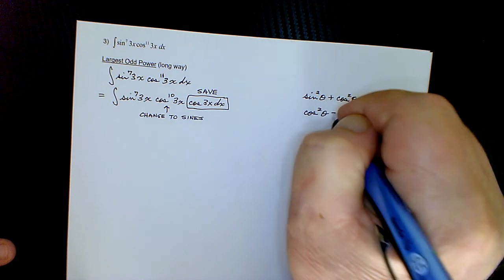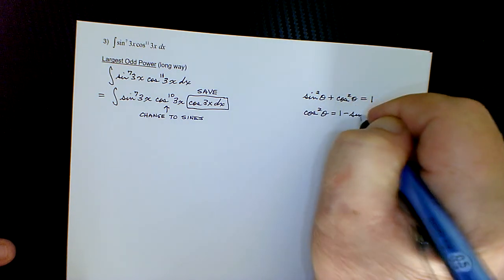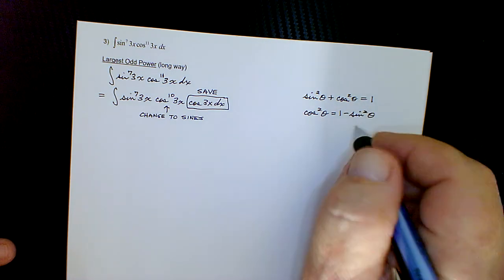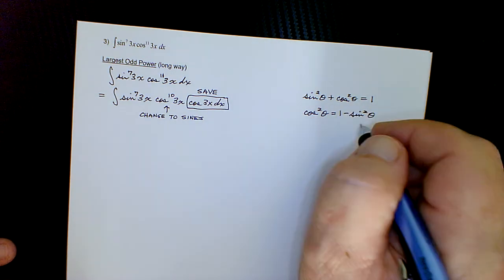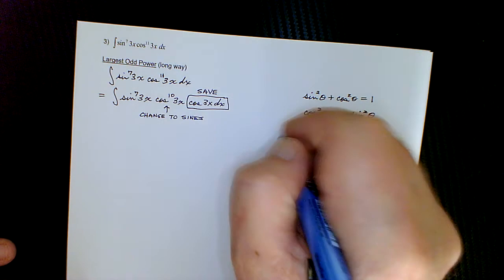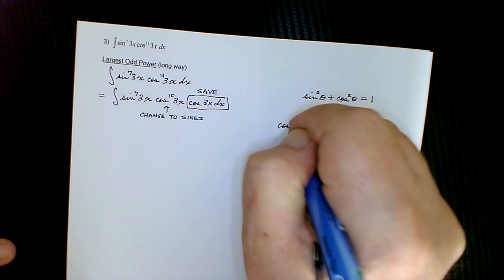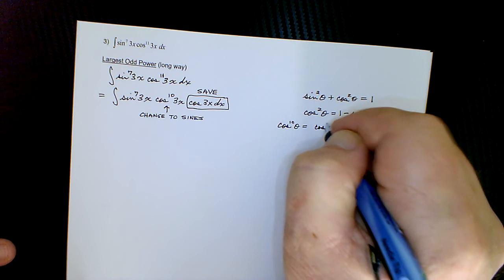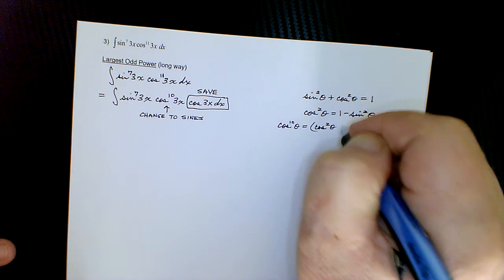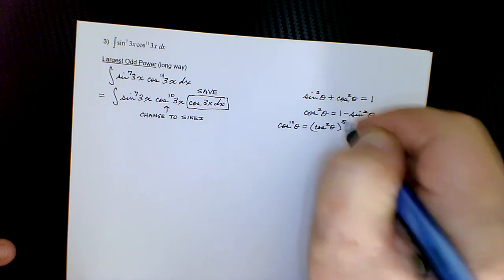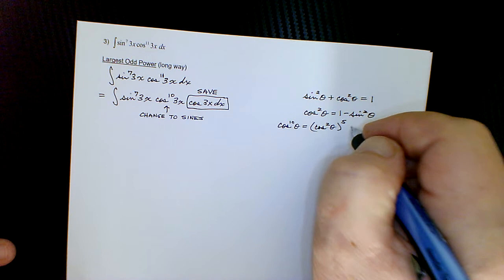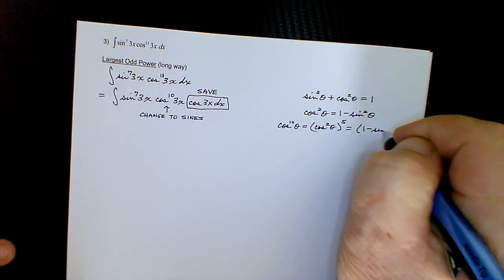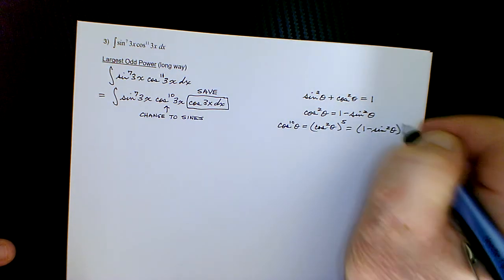Cosine squared is 1 minus sine squared. You don't have to show this work if you don't need to, but at that point, if you want cosine to the 10th, that would be the same as taking cosine squared and raising it to the 5th power. So again, multiplying the exponents, that would give us 10. So equivalently, 1 minus sine squared to the 5th.